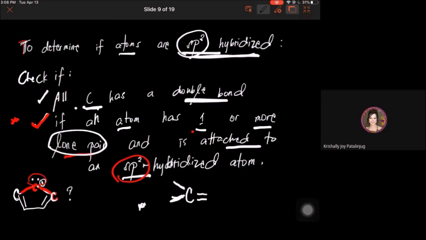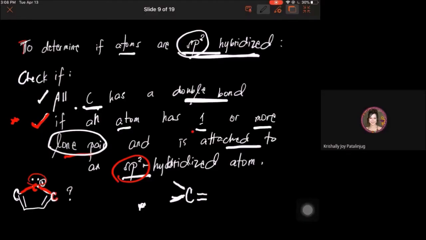Meaning, it has a p orbital where its lone electron pair resides. So that is how to identify if an atom in a ring is sp2 hybridized, because you need it in order to determine if a ring is aromatic or not. It is one criterion.